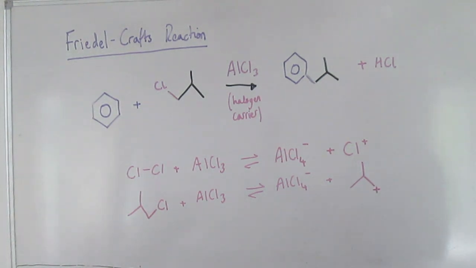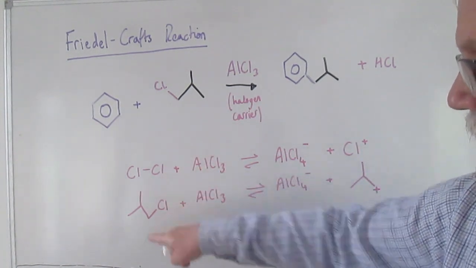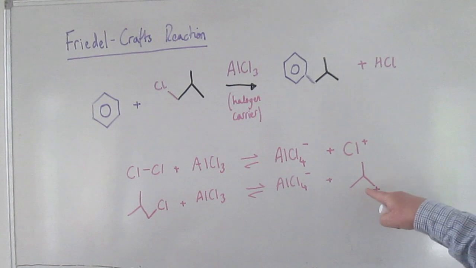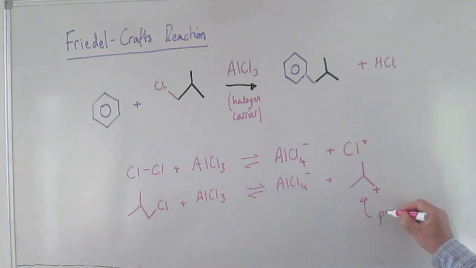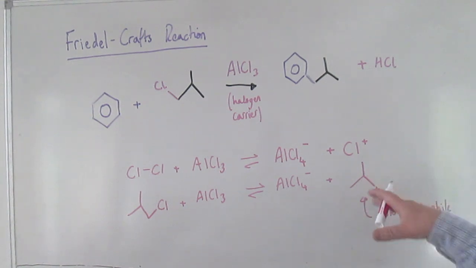So you can see the similarity that the AlCl3 is doing the same thing in both cases, just grabbing Cl-, in this case from chlorine, in this case from the haloalkane, and leaving a positive ion behind, Cl+ in that case, or this carbocation in this case. And that now is going to be your potent electrophile, because it's got a full positive charge, so it's going to be very good at attracting a pair of electrons out of the benzene ring. So once again, we'll go through the mechanism in a minute, but see if you can figure it out for yourself, because it's exactly the same as the ones you've already learnt, halogenation and nitration, once you've got the electrophile generated.